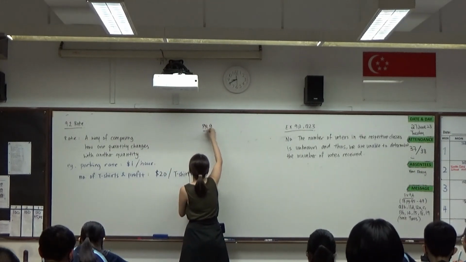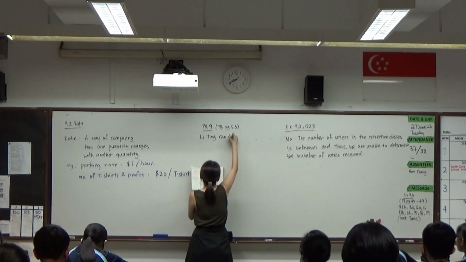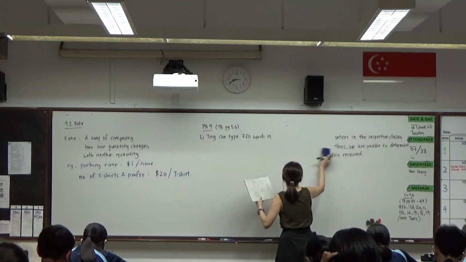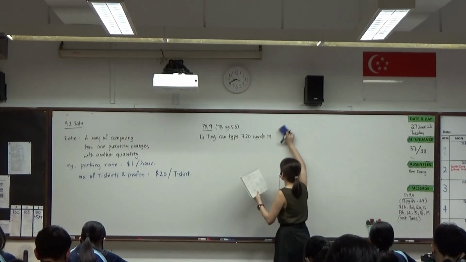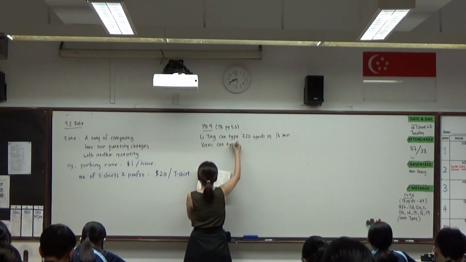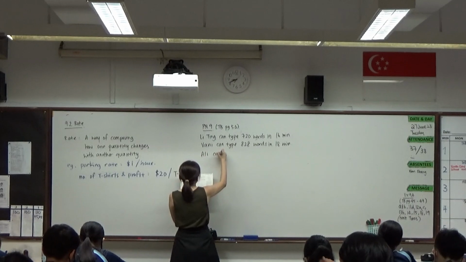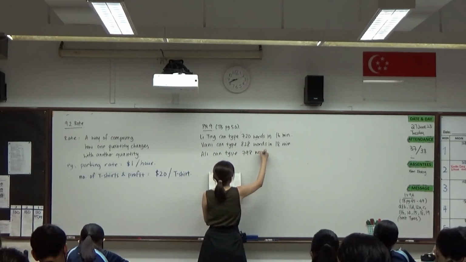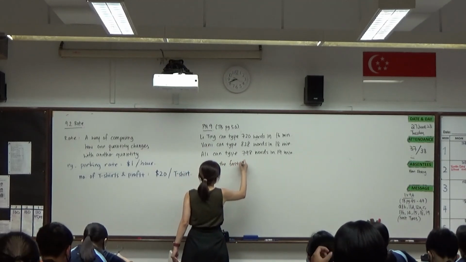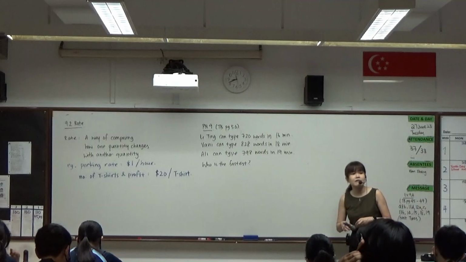So let's take a look at practice now 9. People between Barney as well as Ali, they have different typing speeds.